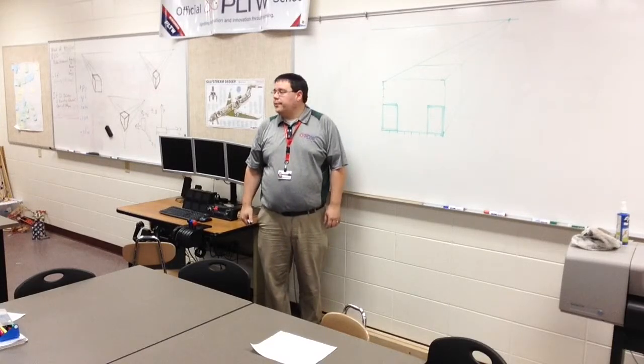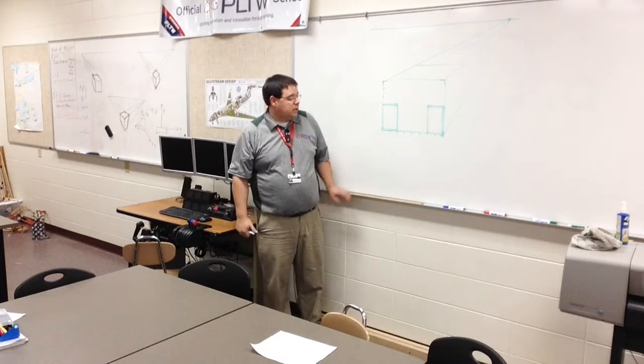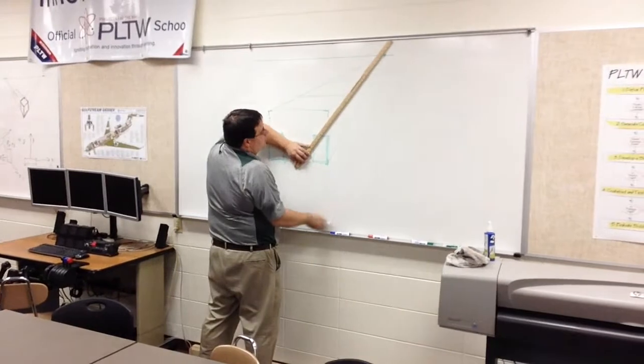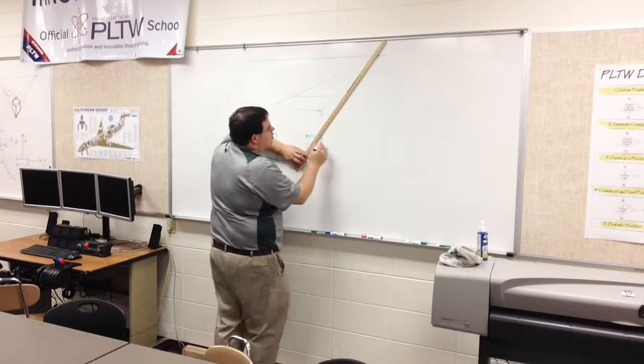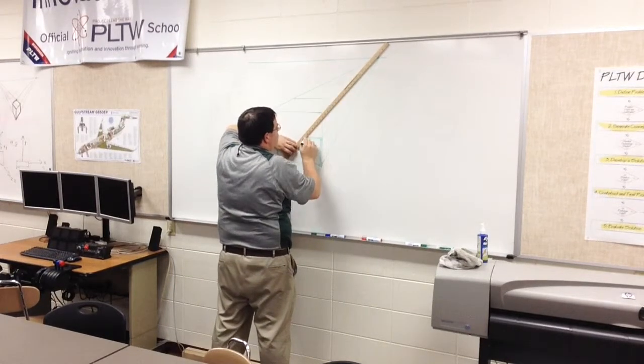After you get those 2 shapes drawn, you're going to make construction lines for each of the new corners you've made. Depending on the complexity of a part, you could have a lot of construction lines in a perspective drawing.